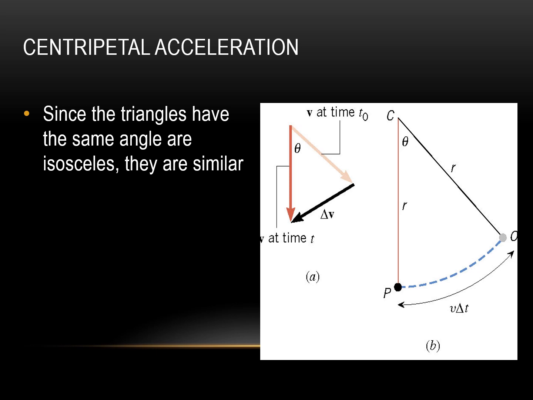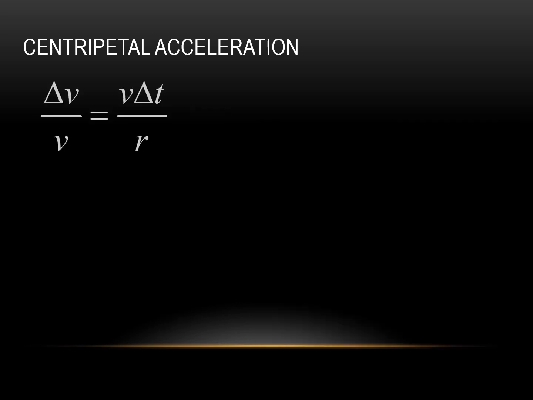Since the triangles have the same angle and are isosceles, they are similar. Delta v divided by v equal to v delta t divided by r.